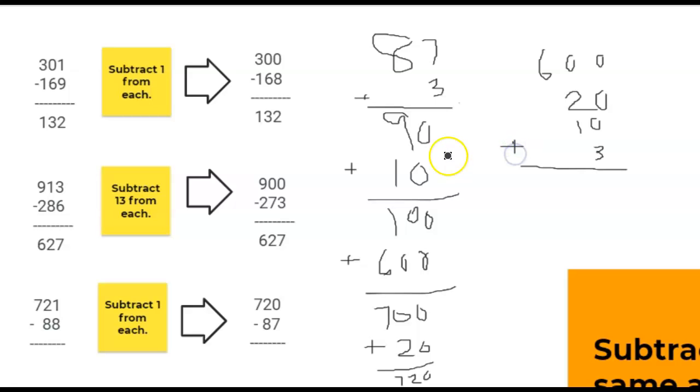And so altogether, we added 633. And that is the difference, or the answer, on both of these subtraction problems, this one and this one.